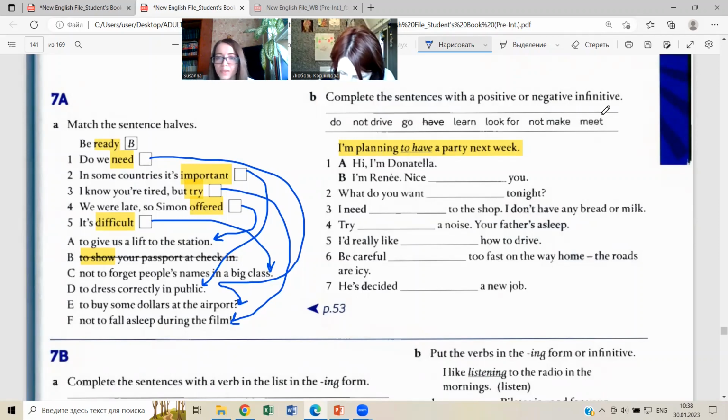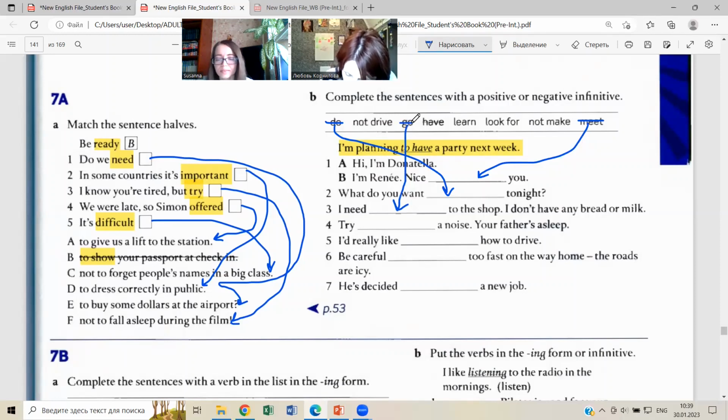And we see here the word meet. To meet you. What do you want to do tonight? To do tonight. I need to go to the shop. I don't have any bread or milk. I need to go. Yes, to go to the shop.